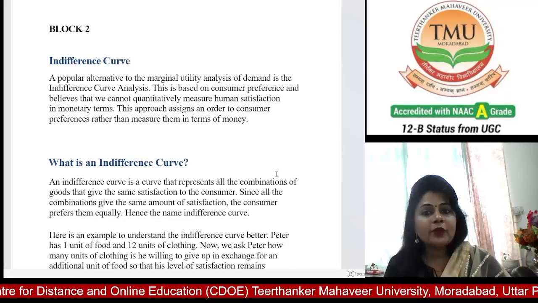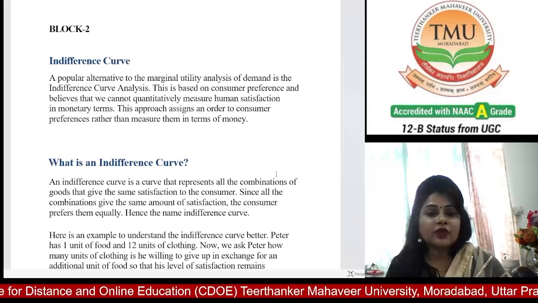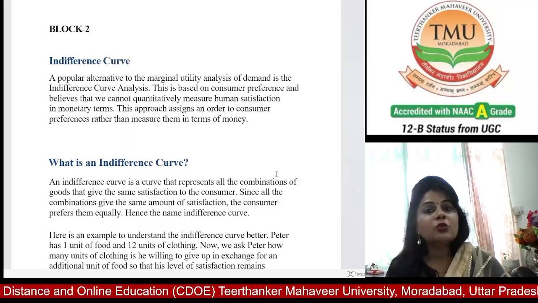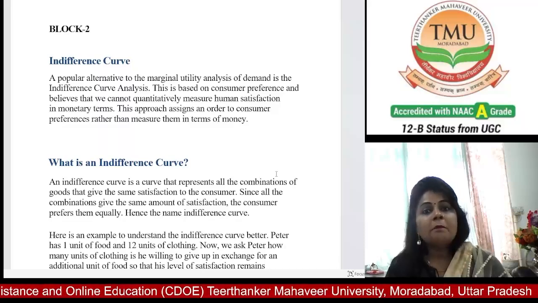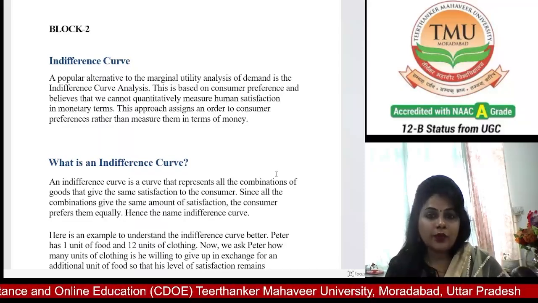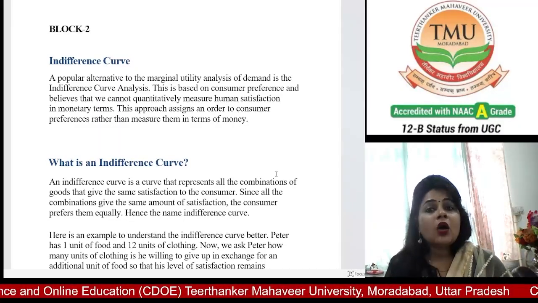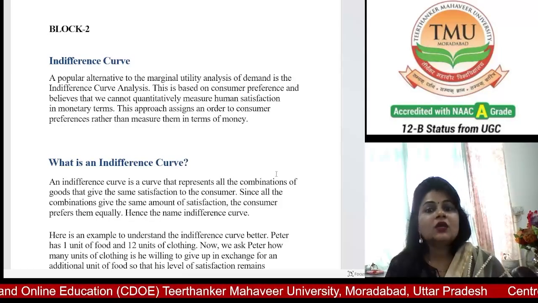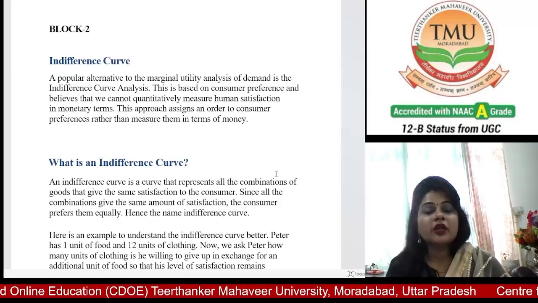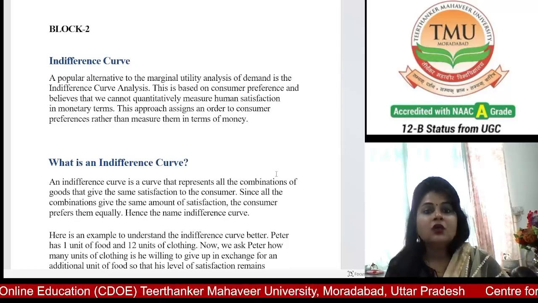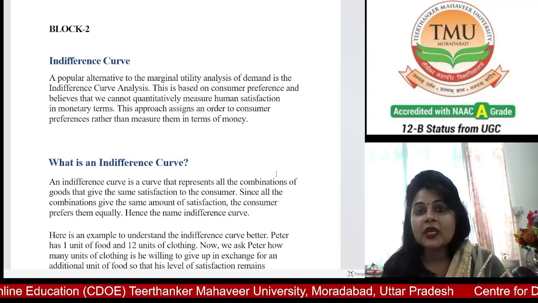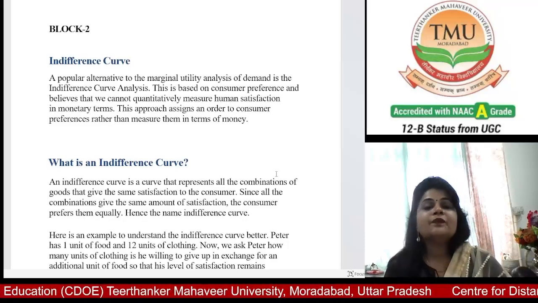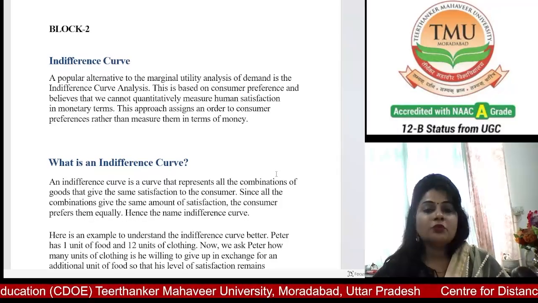In the cardinal approach, we believe that we can measure human satisfaction quantitatively in money, but in the ordinal approach, we can't measure human satisfaction in monetary terms. We can give a rank. So this approach assigns an order to consumer preferences rather than measuring them in terms of money.